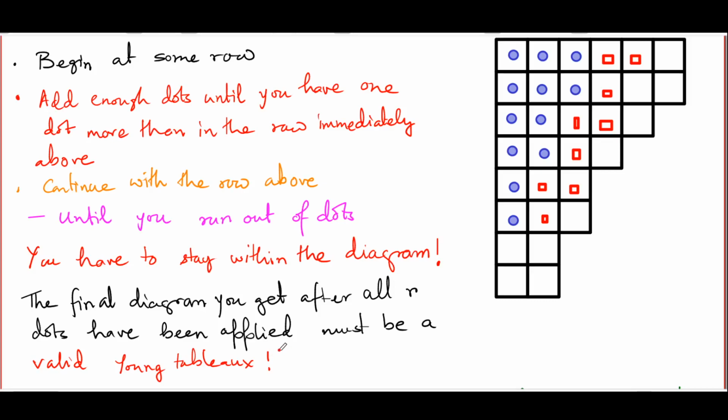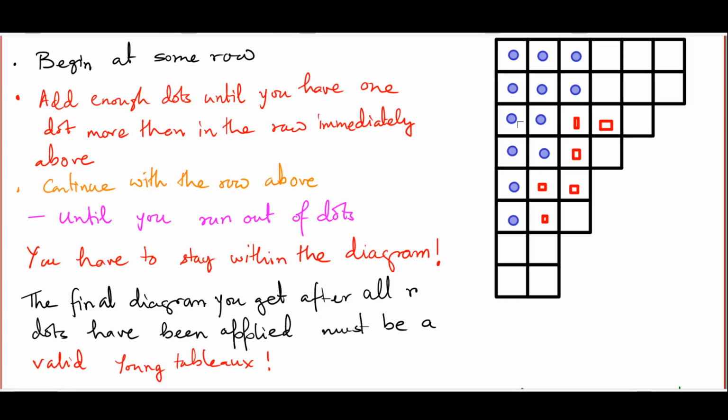So just to illustrate why this is important, suppose I had only 5 dots to add. Maybe I was multiplying by S5, which means my procedure would have ended here after adding 5 dots. But now I end up with a tableau in which this particular row has 4 filled boxes, which is more than the number of filled boxes in the row above it, which is clearly 3.